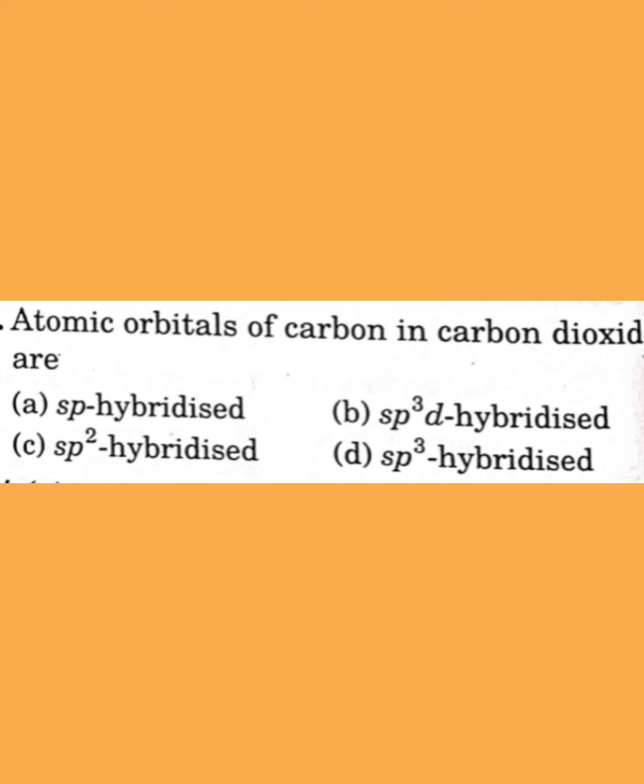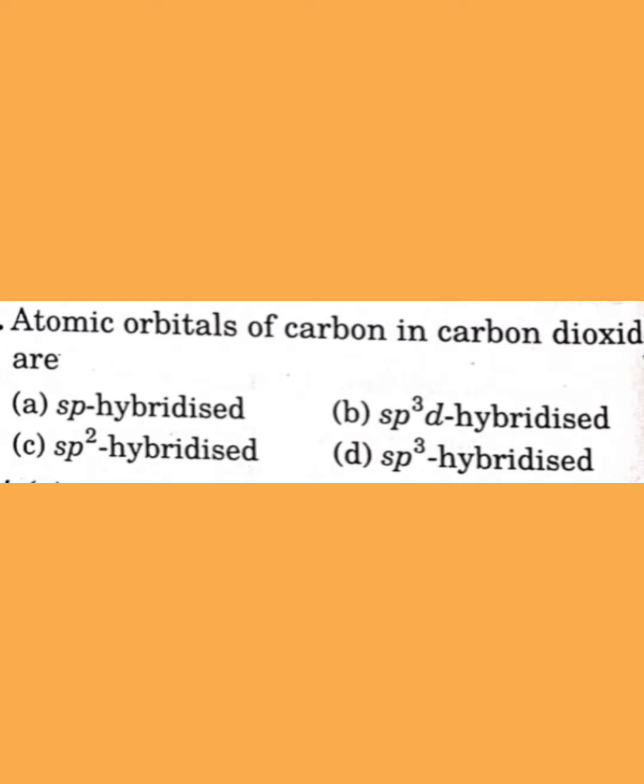Next question, atomic orbitals of carbon in carbon dioxide are: sp hybridized, sp3d hybridized, sp2 hybridized, sp3 hybridized. The answer is option A, sp hybridized.